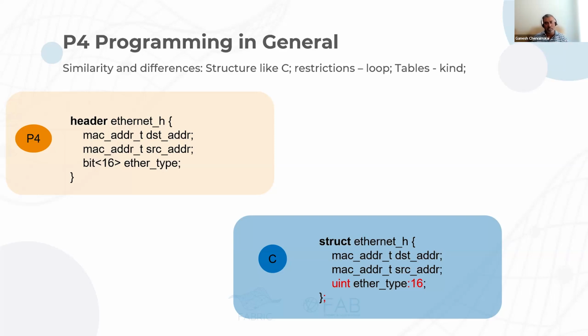If you look at a head-to-head comparison of how you define a structure in C, it is very similar. In a very similar way, you declare a header in P4. Except for the keyword, I don't think there is a very big syntactical difference.